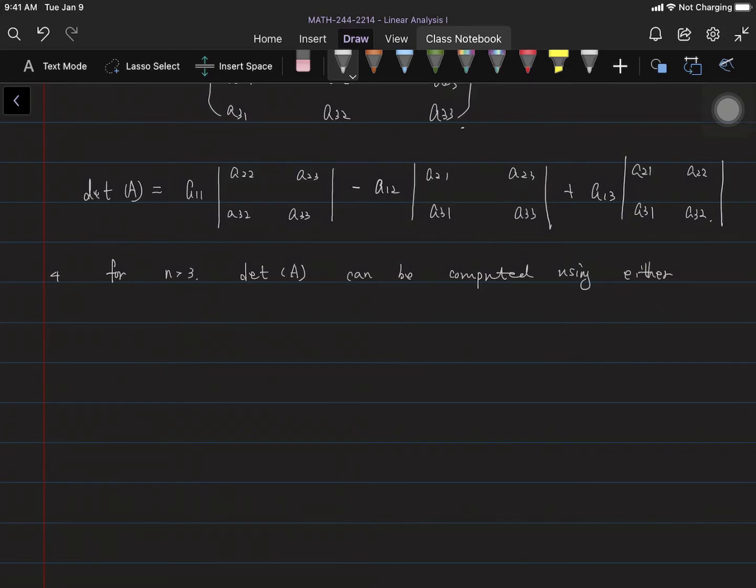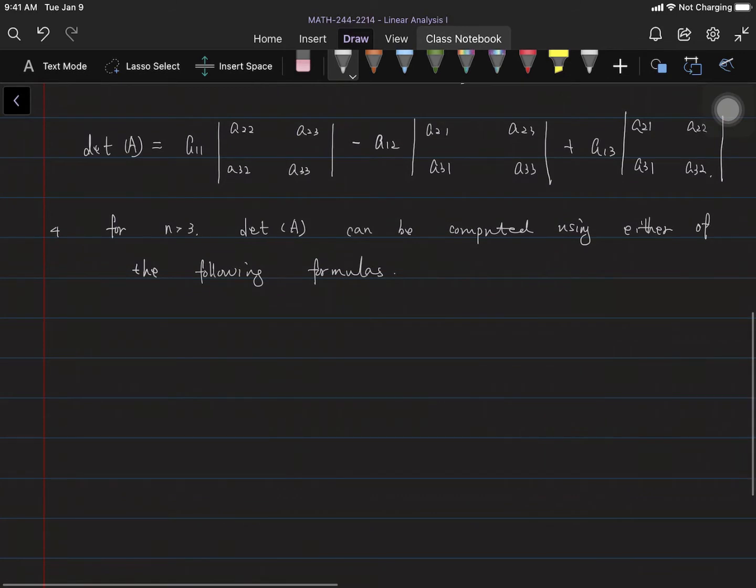We can do it two ways, either of the following formulas. So, for example, when we have 4 by 4 or 5 by 5, how do we calculate the determinant? So that is more general.